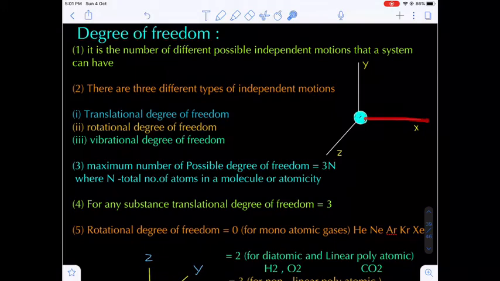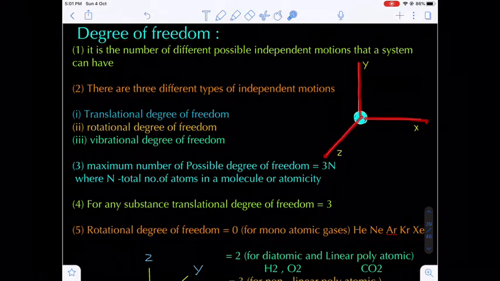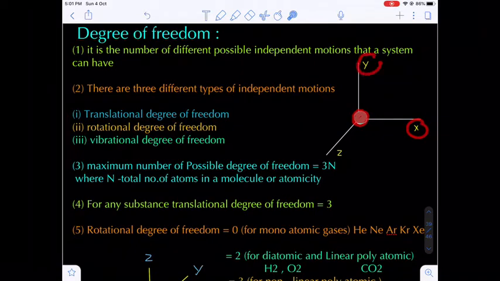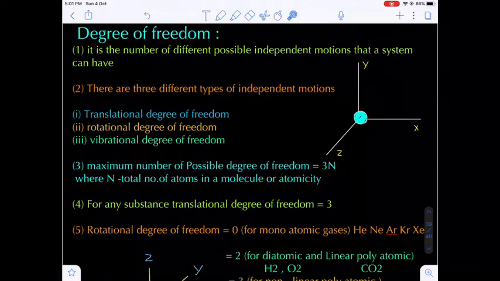This is one degree of freedom. And a second degree of freedom, along the y-axis it can move, or in the third direction, along the z-axis, it can also move independently. That means for a monoatomic gas, that is only one atom, how many different independent possible motions are available? 3. Are you getting my point?